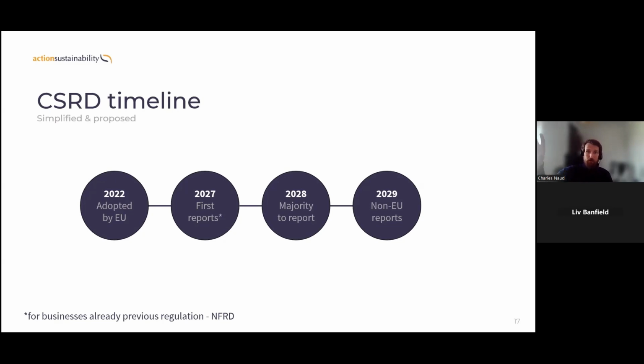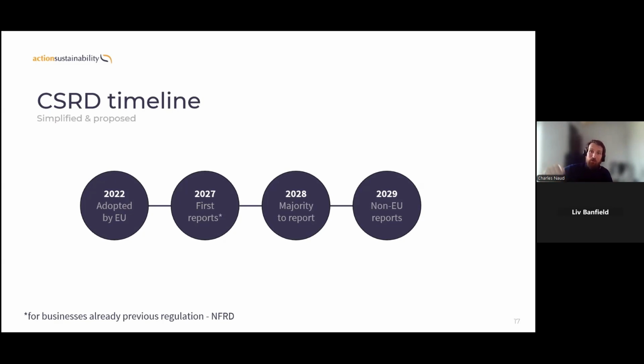fall under the criteria. And just to make it even more complex, for businesses that are already subject to previous regulation, the NFRD, which I touched upon earlier at the beginning, you remember I said that CSRD replaced existing legislation. That legislation is still live today.